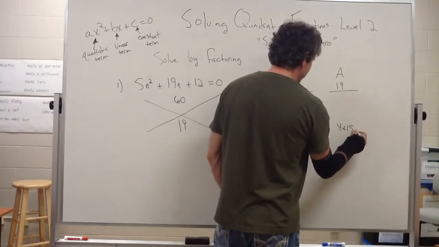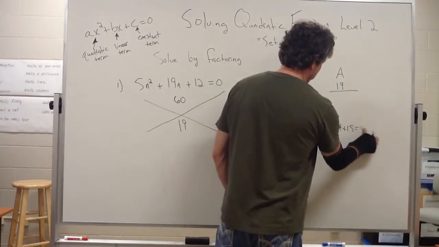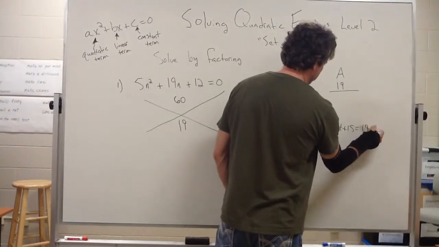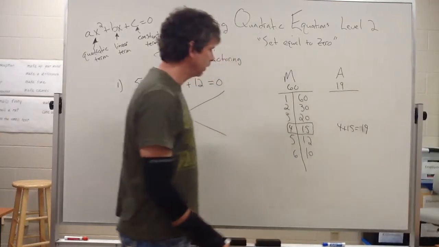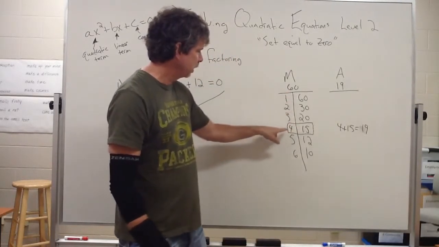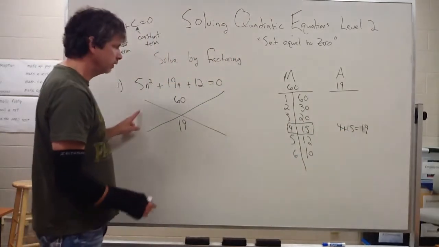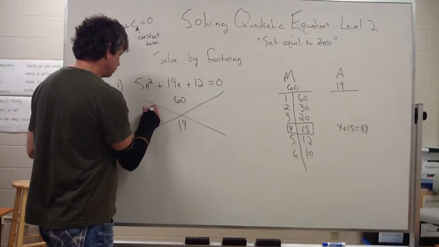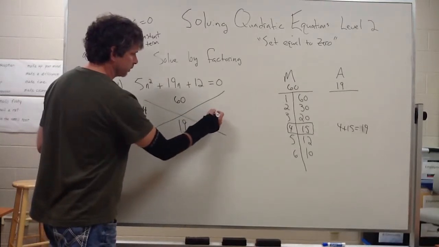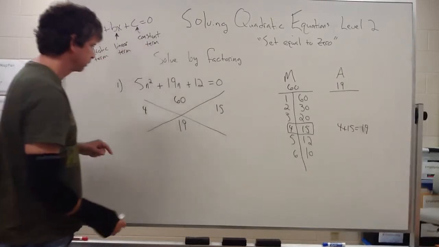So that passes our test. So that tells me that 4 times 15 is 60, and 4 plus 15 is 19. That now slides into these two spots of our x factor. So the 4 goes here, 15 slides over here.